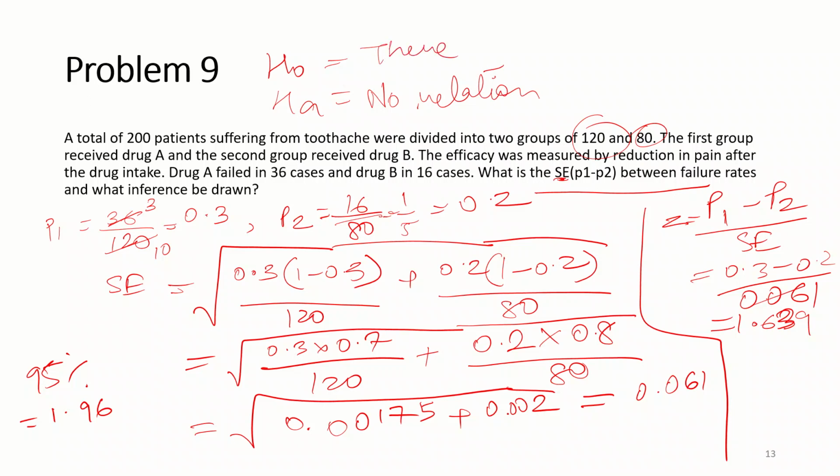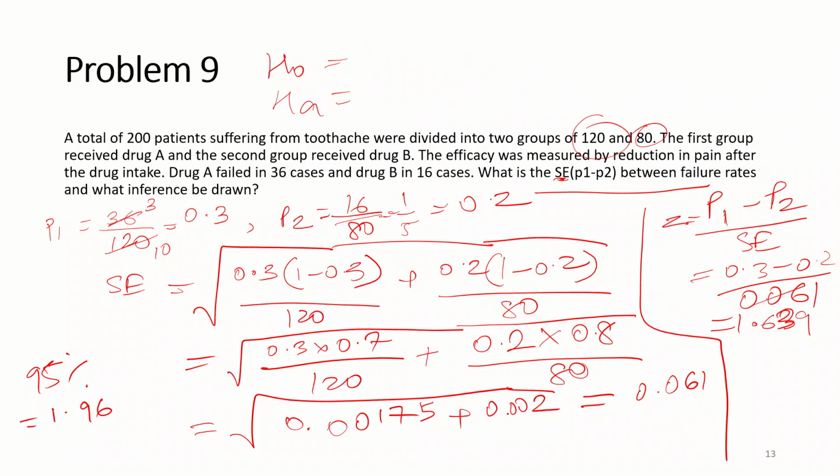So for the null hypothesis we write that there is no significant difference between the mean values of the two. Here, why can't we take the null hypothesis as there is no relation between drug A and drug B, and the alternative as there is a significant relation between A and B? Because usually we do it that way, so why is it opposite here?